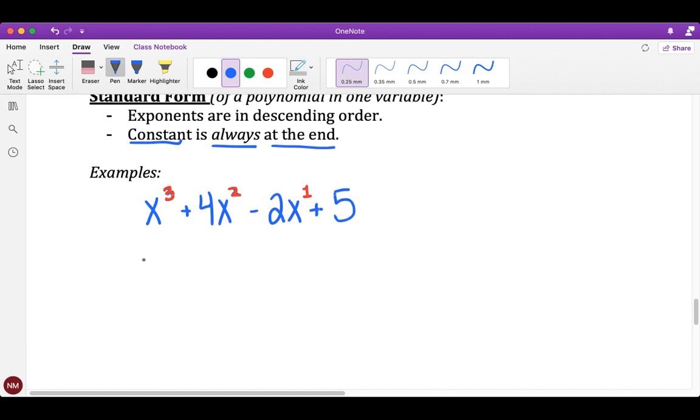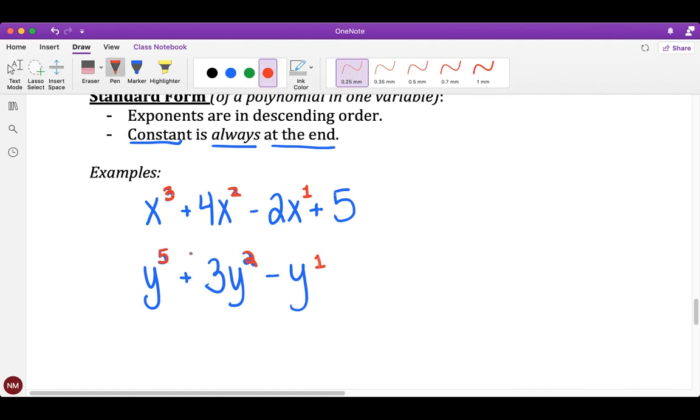Let's look at another example of something in standard form. Let's use a different example, y to the 5th plus 3y squared minus y. Okay, so we have 5, 2, 1. It is in descending order.